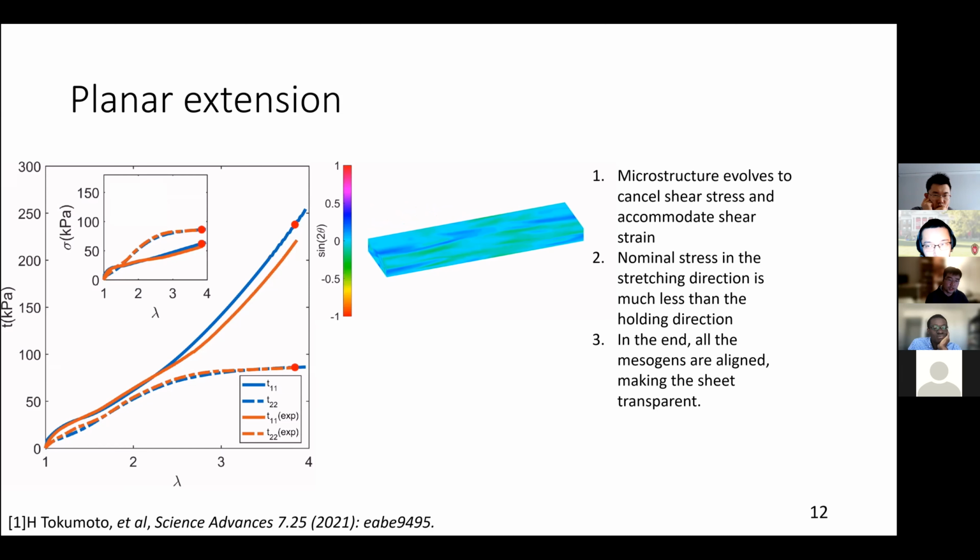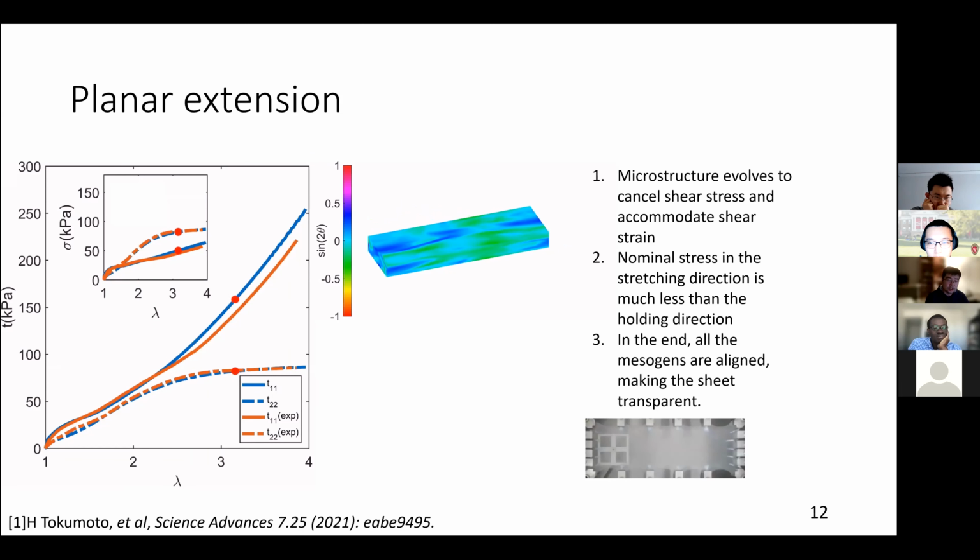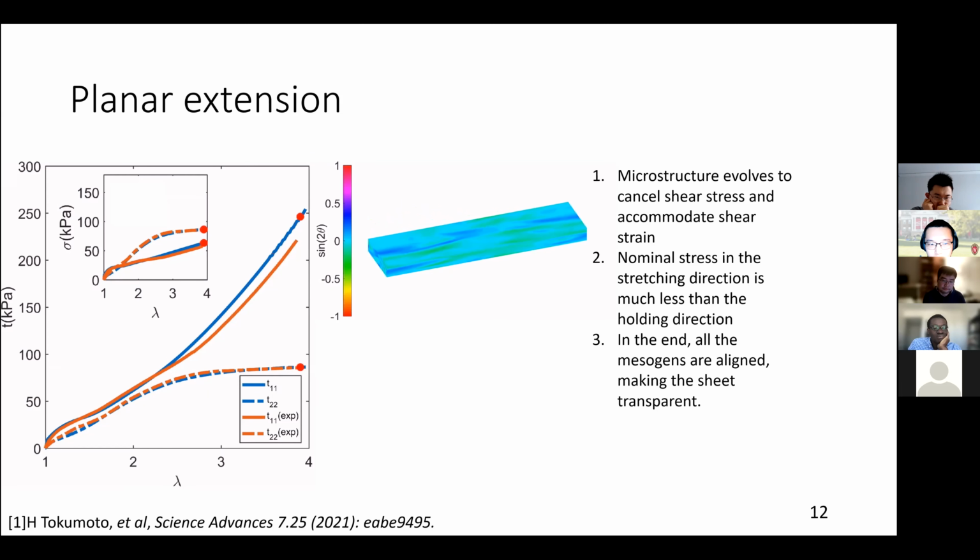And another thing, the right figure is showing you the evolution of the liquid crystal molecules. So the color is indicating the orientation of each molecule with respect to the x-axis. We will see that as it is stretched, the color is gradually turning into a uniform blue or green.